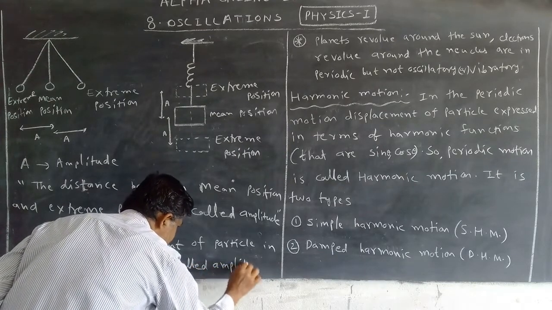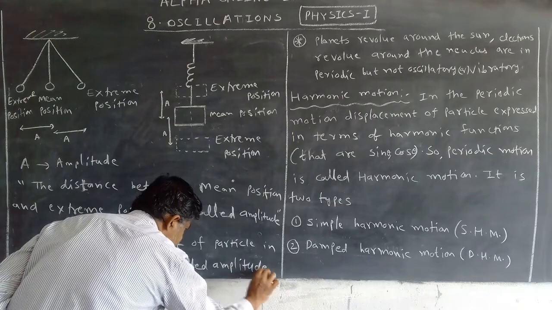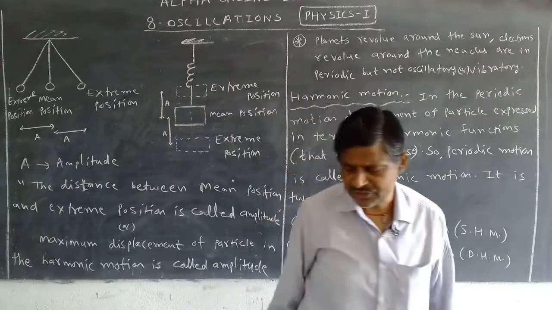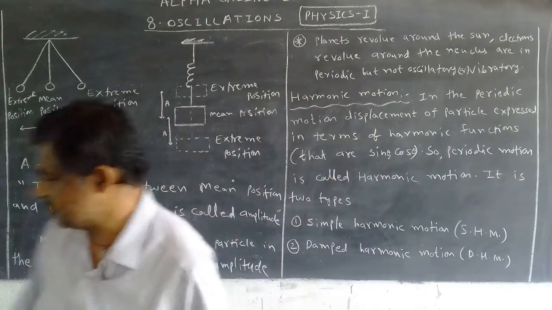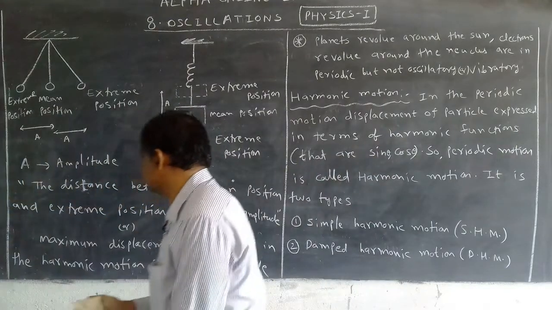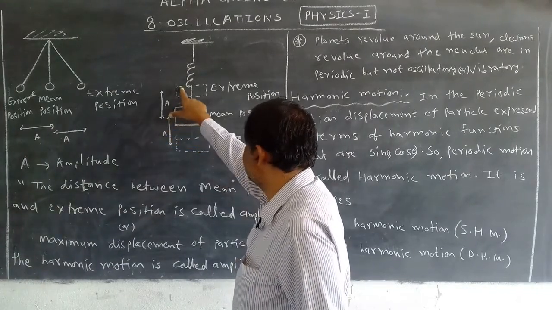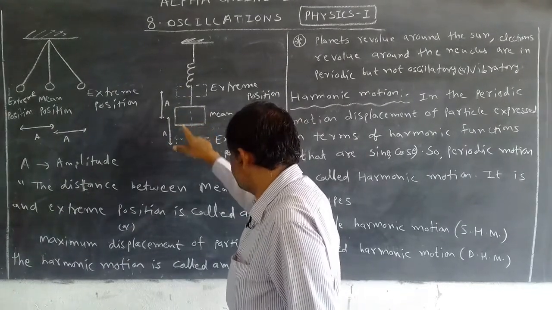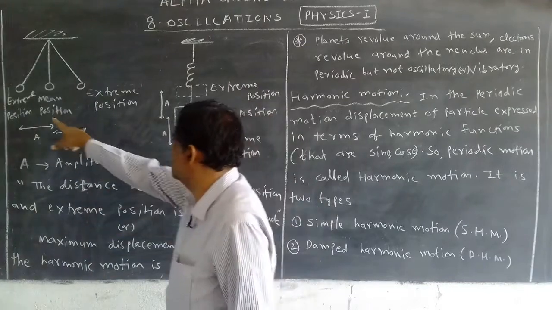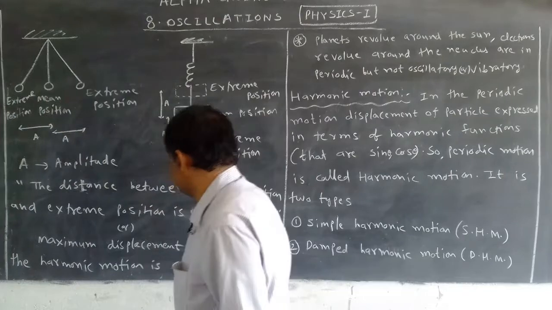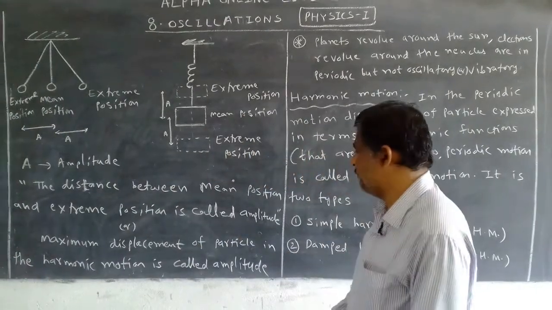We have two definitions. What are the two definitions for the amplitude? The distance between mean position and extreme position is called amplitude.